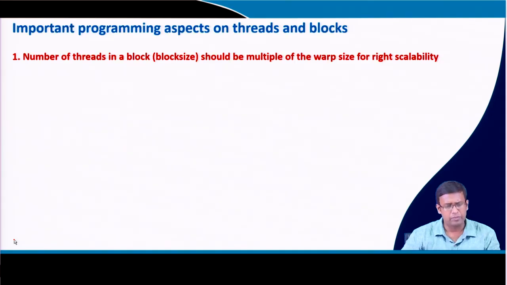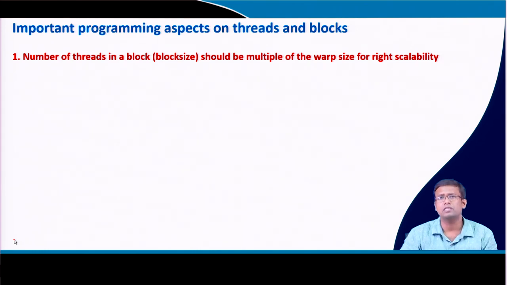What we have seen from this scheduling aspect is that one warp is active at one particular instance, and all the threads of the block will be executed as a collection of warps.